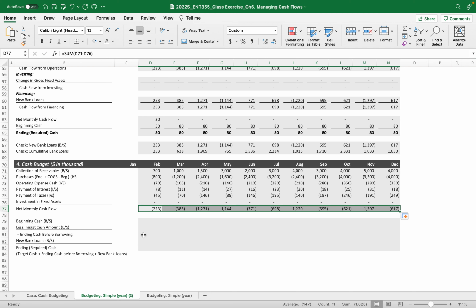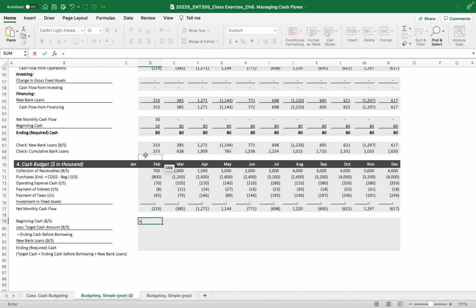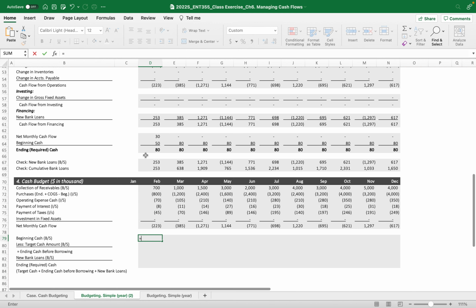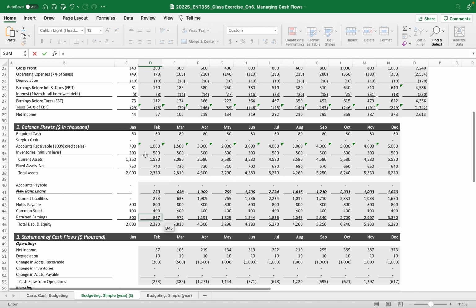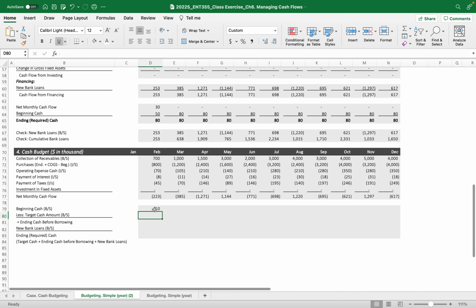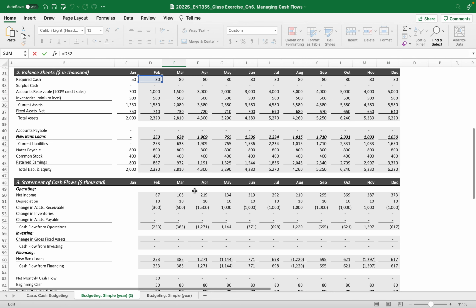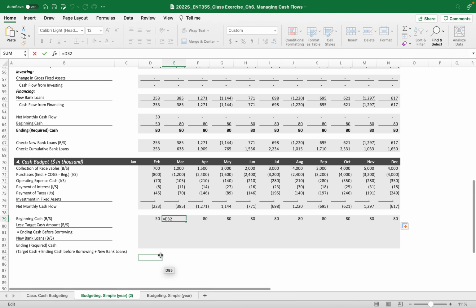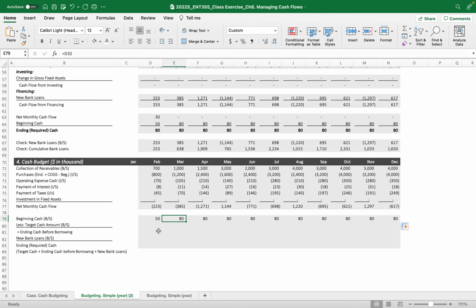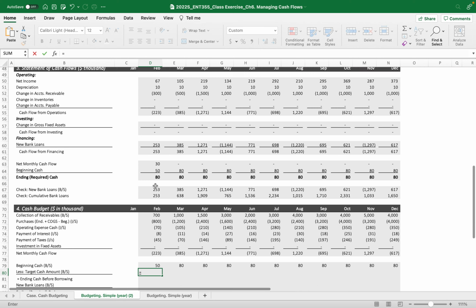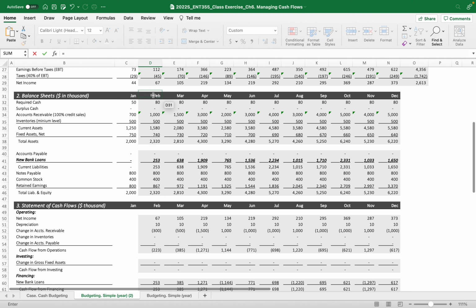And then we got it. The beginning cash amount is the ending balance of the prior month. The ending balance of the prior month is 50, right? And then when we drag it to the right, all the amounts are from the prior month. The target cash amount the company set up is here, the required cash.